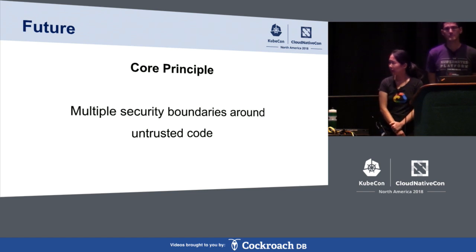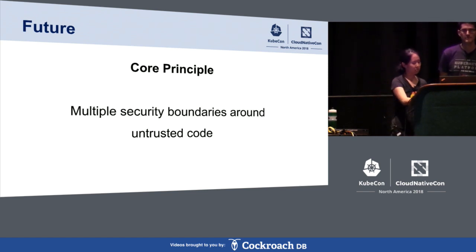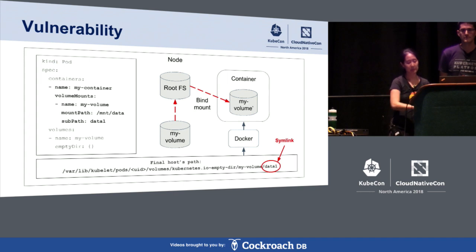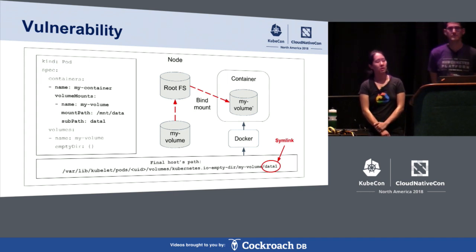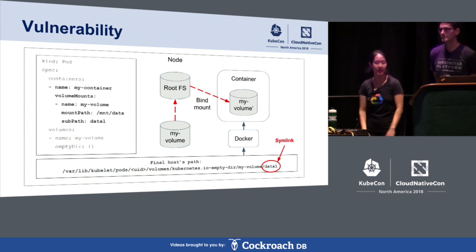So how can we apply this principle to protect us from the subpath vulnerability? Going back, the exploit involved making the host system follow symlinks that were created by the user.